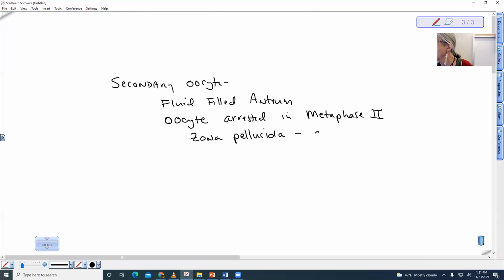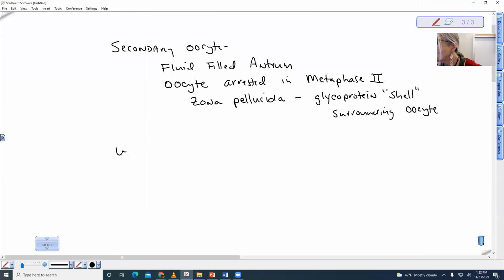It's composed of glycoproteins. We could put shell surrounding the oocyte. This is something that the sperm is going to have to break through in order for fertilization to be accomplished. So that's the zona pellucida.